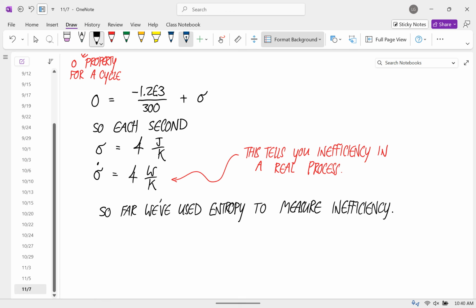There's one other thing that entropy can do that the first law of thermodynamics couldn't.